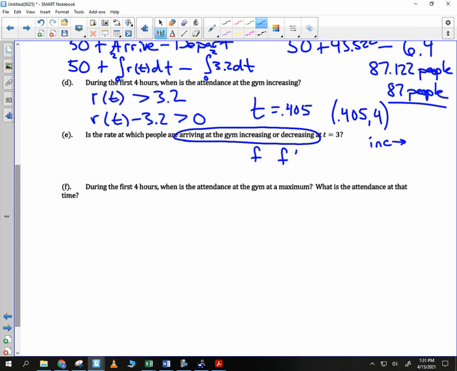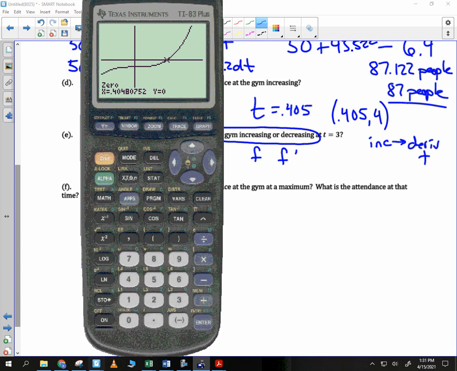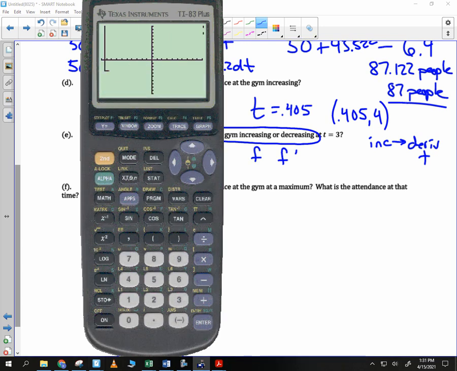Okay, what did you come up with? I heard a couple people say it, and they said it correctly. Increasing means that the slope is positive, or the derivative is positive. Agreed? So we're wondering, is the rate at which people arrive increasing or decreasing? So we are going to look at the rate function. I'll zoom standard again. And if we're wondering if it's increasing or decreasing at time equals 3, we are going to type in second calculate to figure out the derivative.